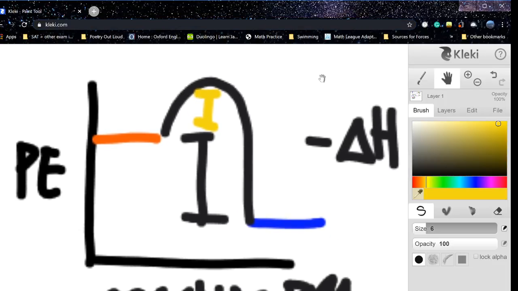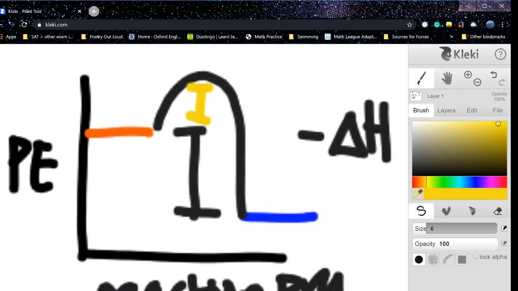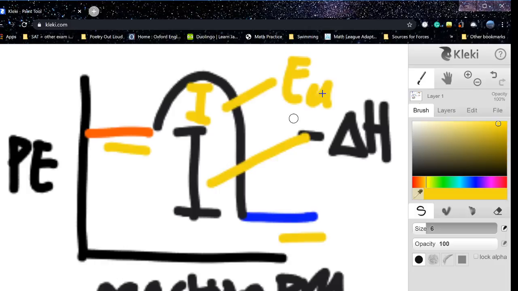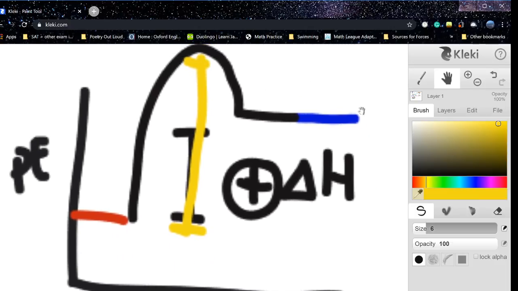Okay, so here's the potential energy graph for an exothermic reaction. So here are the reactants, products, activation energy, usually denoted this way, and something that will tell you the direction of delta H, whether it is positive or negative, but is not exactly representative of delta H. And here we have the endothermic graph.